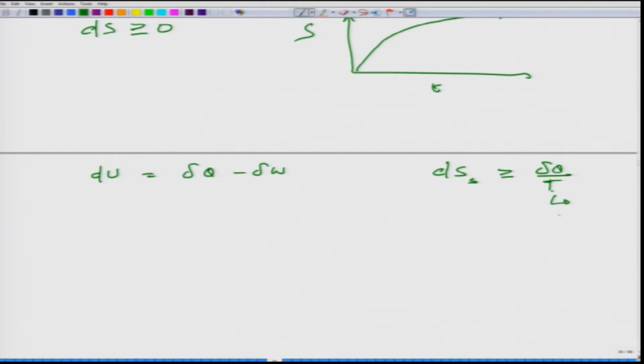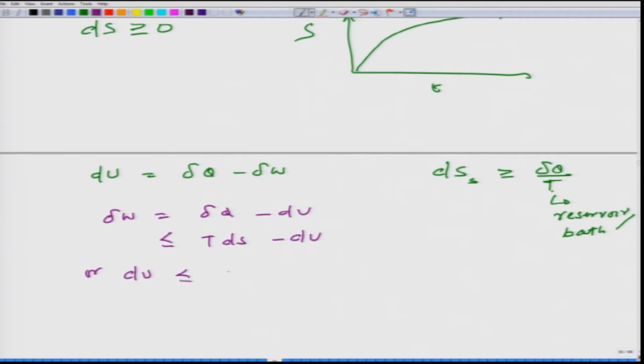So, I can rewrite this expression as delta W = delta Q - dU, which is nothing but TdS - dU, or I can write dU less than or equal to TdS - delta W.